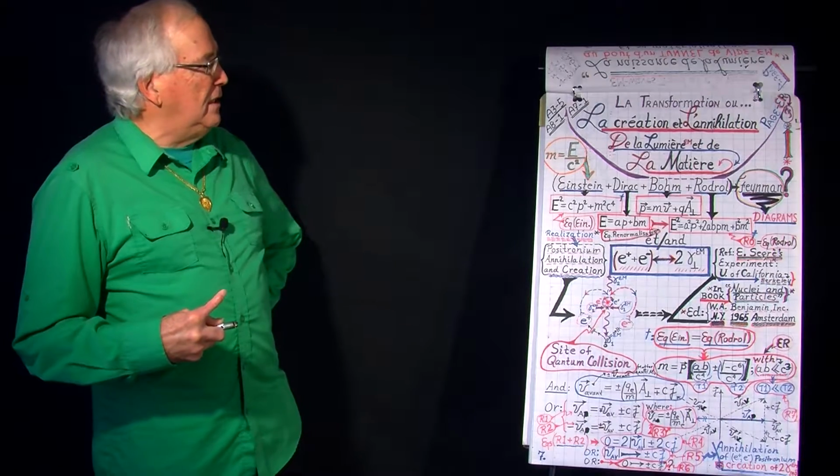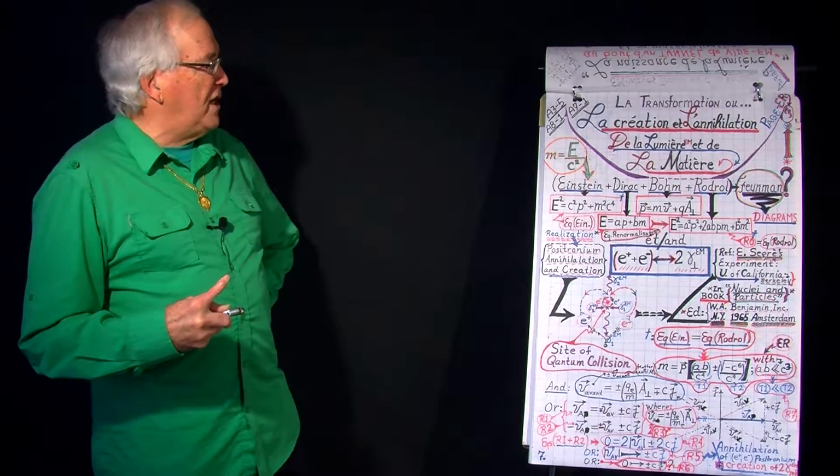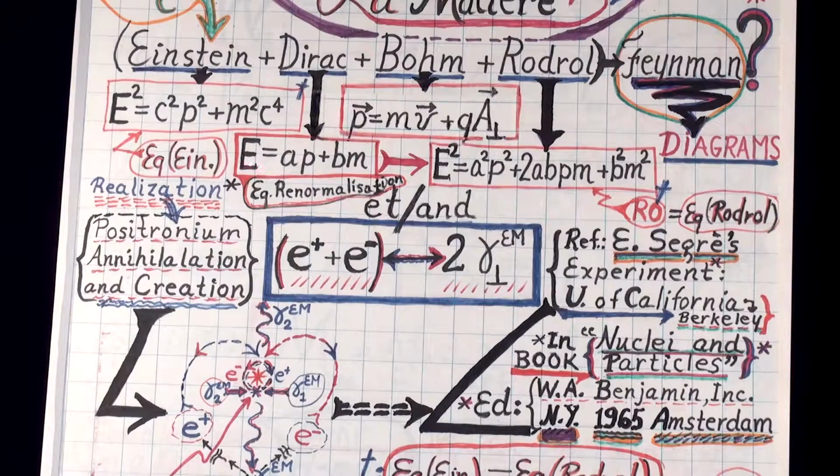Now what I've done, this is what I call the row-draw equation. I simply use high school mathematics to write E squared starting from Dirac's equation. So it's the square of the first term, the square of the last term, which is Einstein's equation, but there is an intermediate factor here that is combining the two.